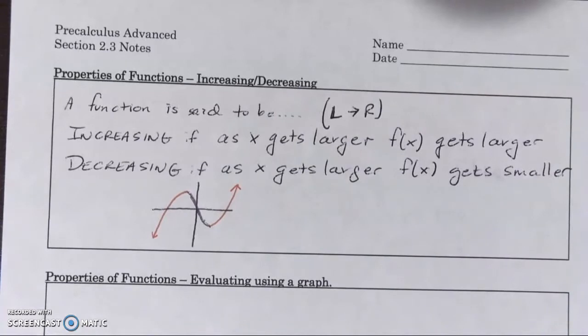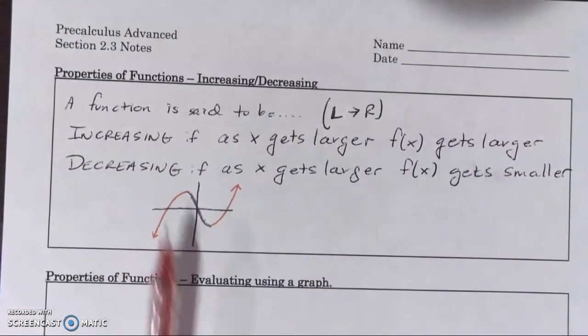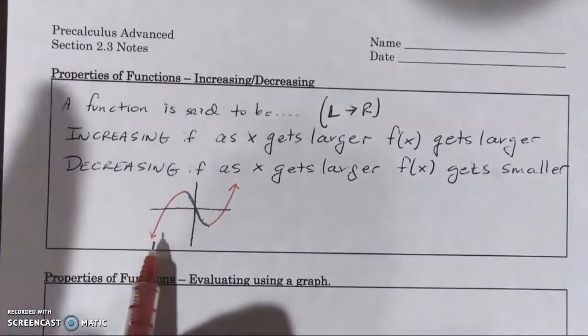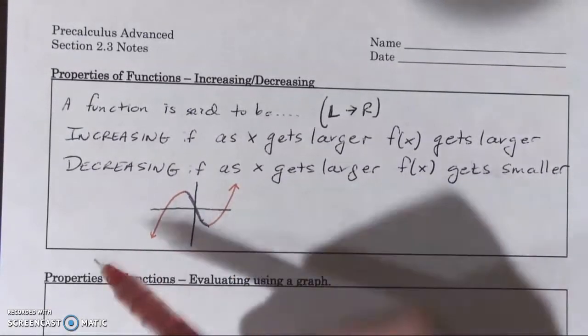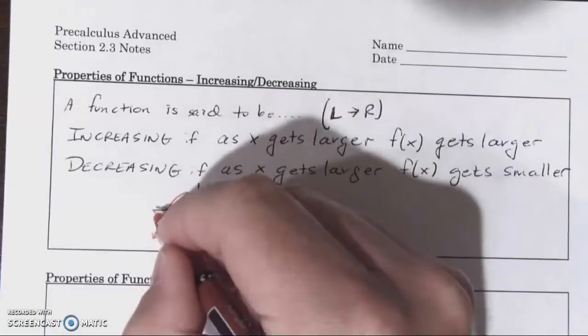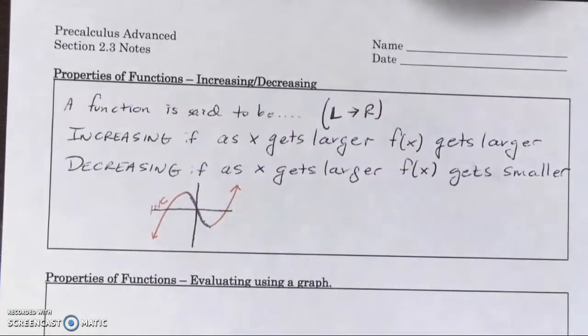In red here, if we're reading from left to right, I start here. This first red portion of this curve, as x is getting larger, or as we're moving from left to right, this function is increasing. The y's are getting larger. So this interval would be an interval of increase.